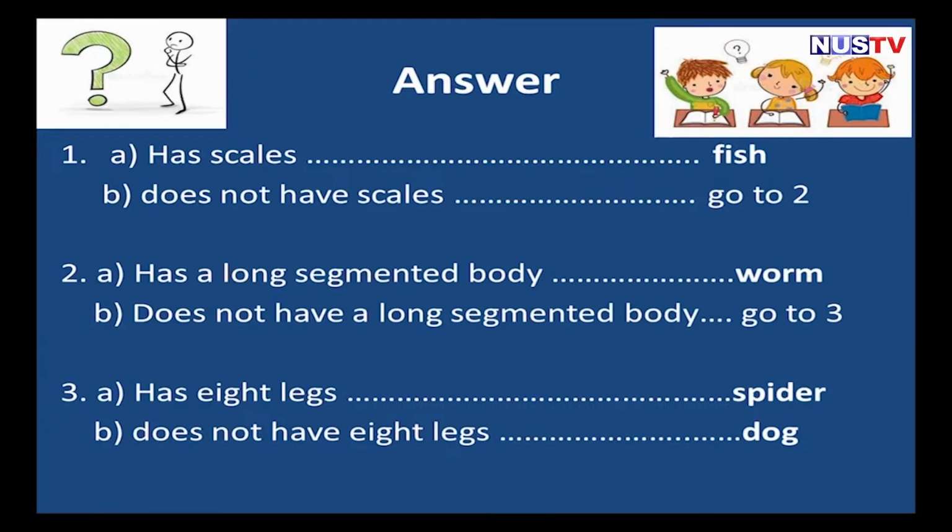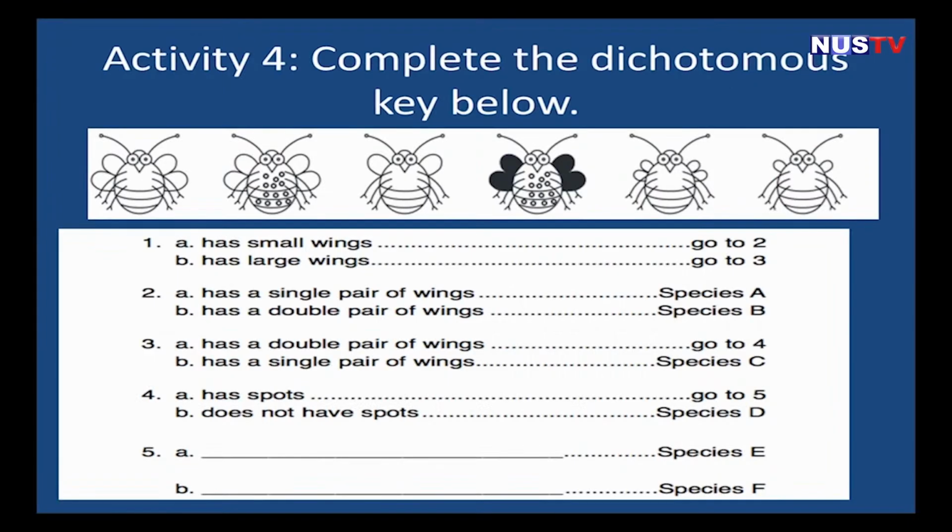So again, always remember to focus on the odd one out. And when you know how an organism is different from the other, it is very easy to design those options or the choices. Okay, look at our next activity, activity 4.